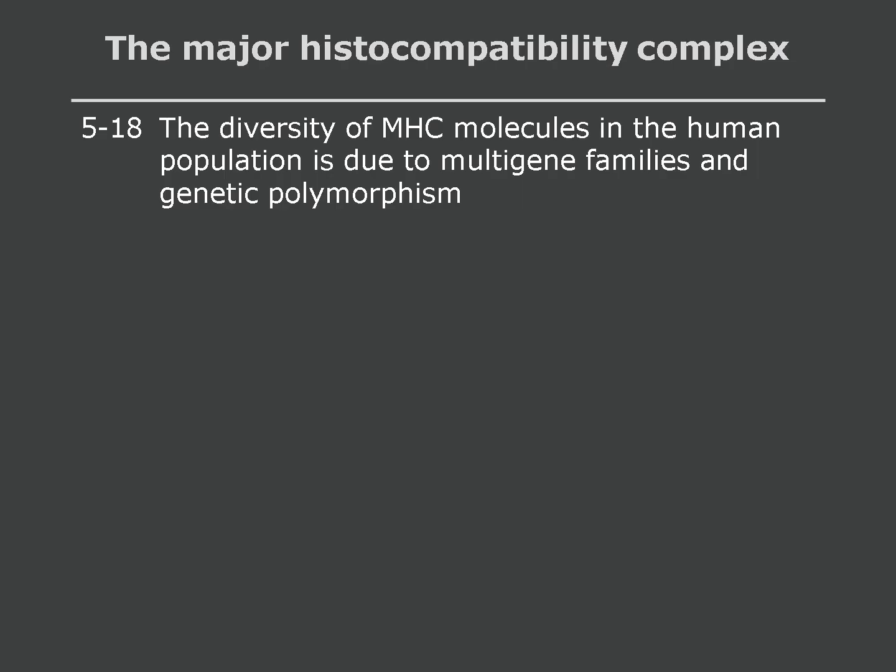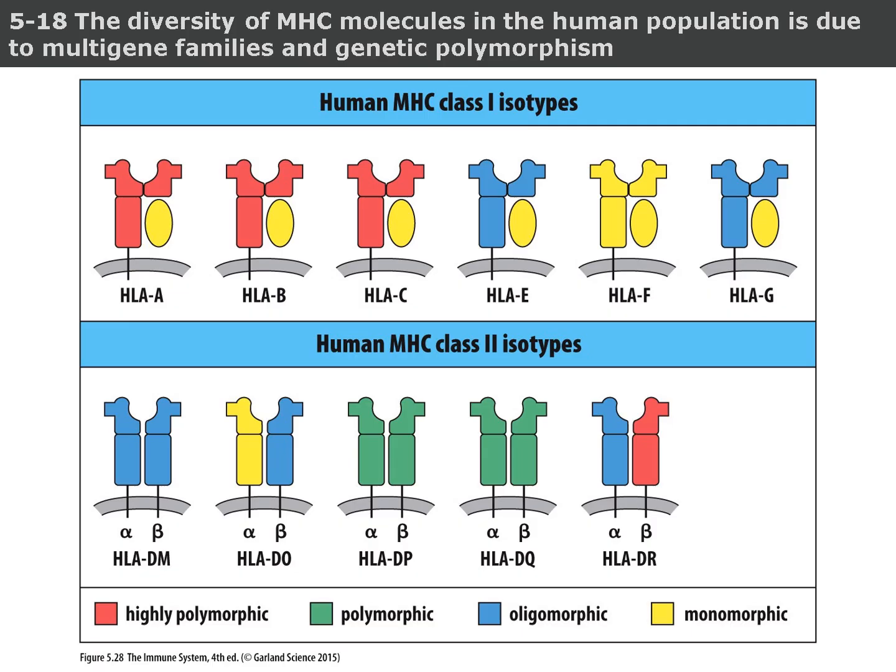The diversity of MHC molecules in the human population is due to multi-gene families and genetic polymorphism. This slide illustrates the genetic diversity of MHC molecules, which arises from multi-gene families and extensive polymorphism. At the top, we see the 6 major human MHC class I isotypes.